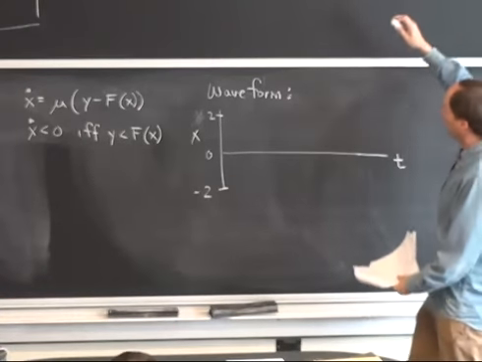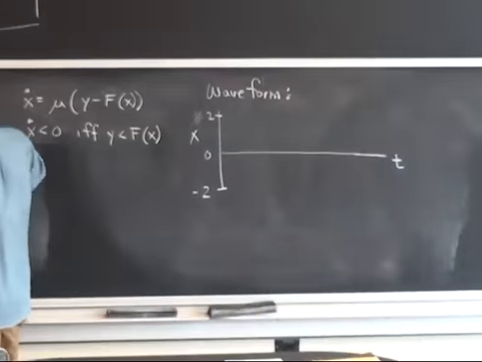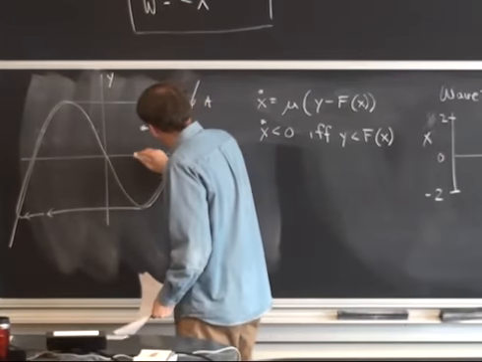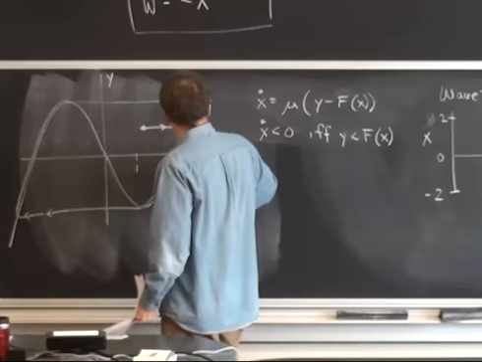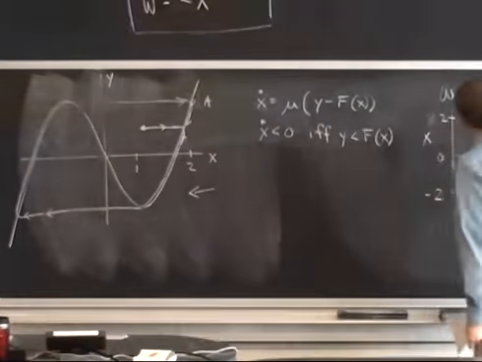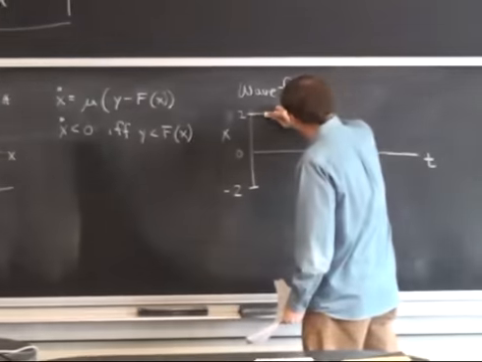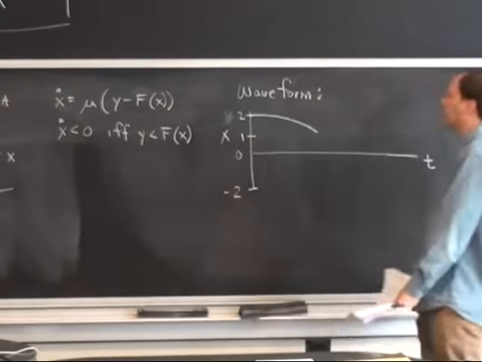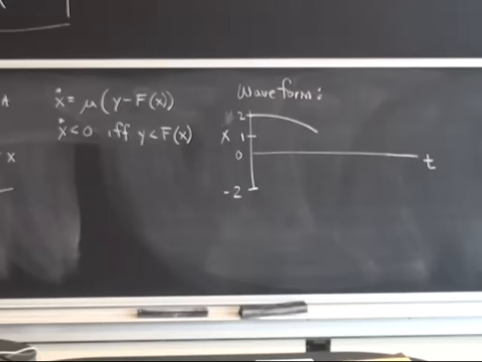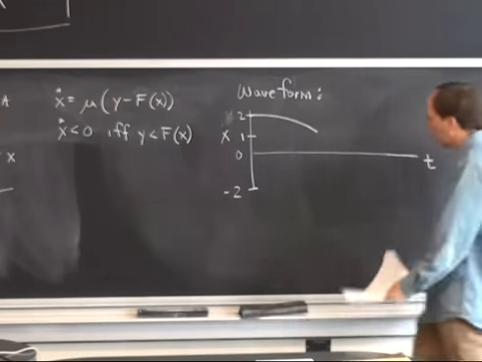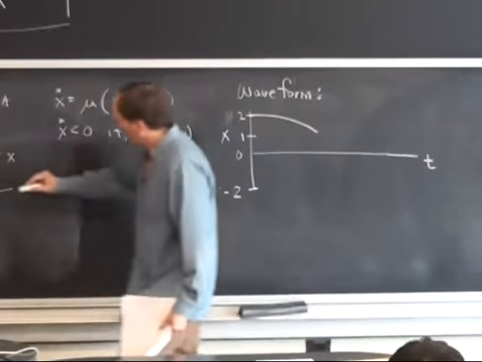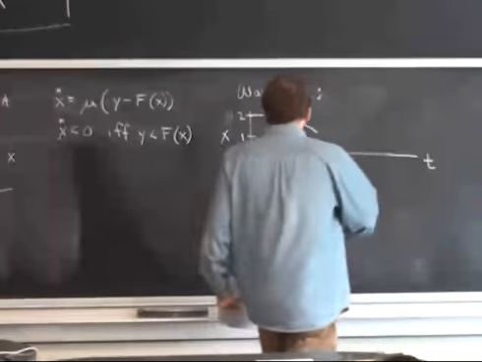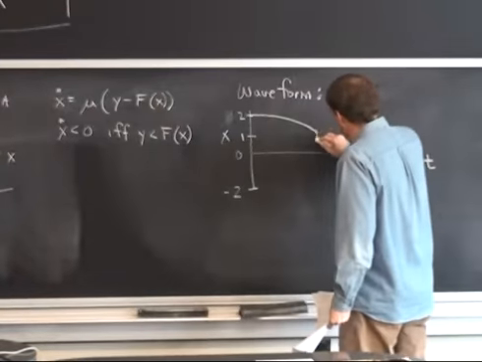Well, we're going to very slowly decrease in x down till we get to here. That's where x is 1. This is x equals 2. And so what's going to happen is something like this. All right, here's 1. So we have this slow decrease till we get to 1. Then, on a very fast time scale, once we get down to here, we just shoot across over to x of negative 2.